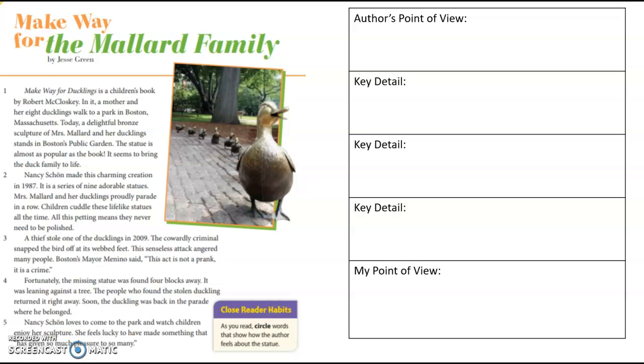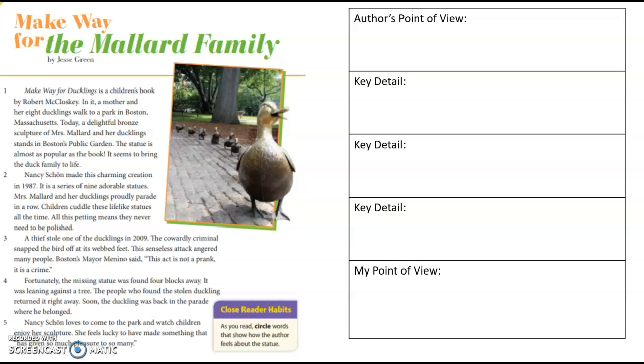What was this text all about? So you probably said this text was all about a statue in a park in Boston of a mother duck and baby ducks, and the statue is based on a book.